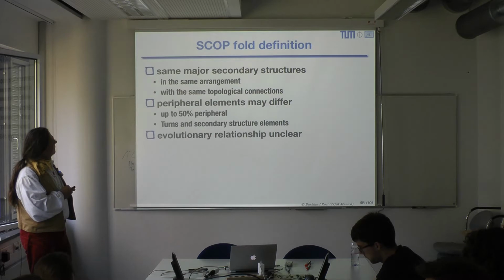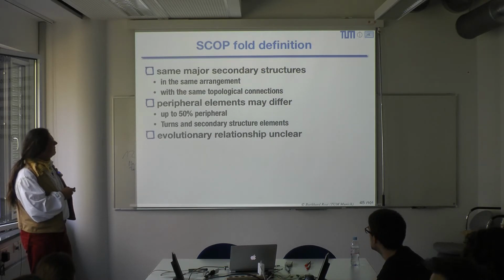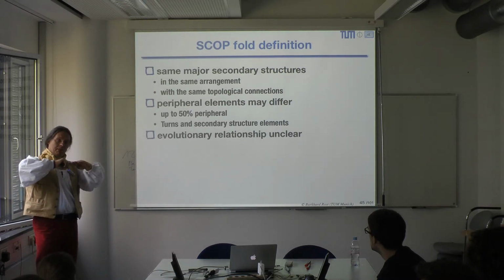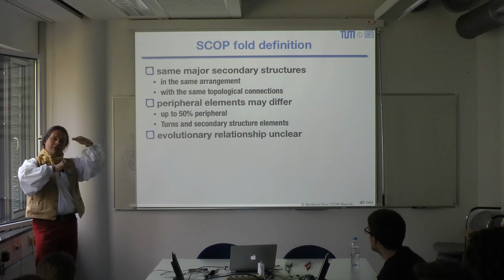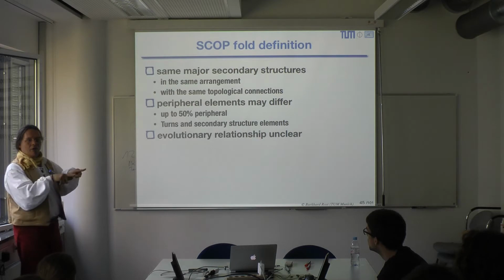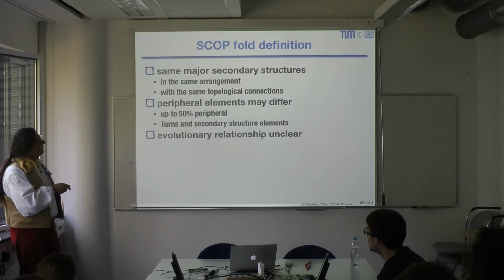The fold definition is: same major secondary structure in the same arrangement with the same topological connections. Topological connections means essentially, in the one that I showed you, is the beta strand below or above the alpha helix, and how are they connected to each other? Are they parallel strands, for instance? Peripheral elements may differ.